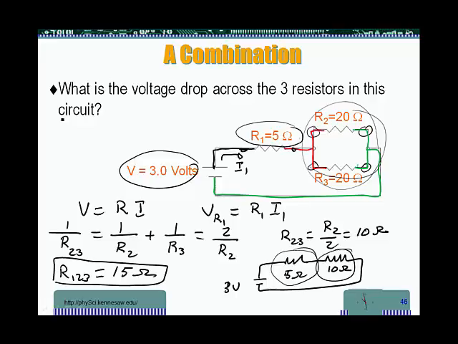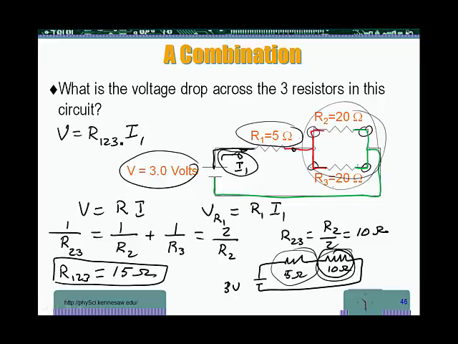So we can write the voltage across the battery as equal to R123 times I1. Remember here, I1 is the same as we drew here. That's because we just replaced R2 and R3 by their equivalent. So that's not going to change the current through the circuit.